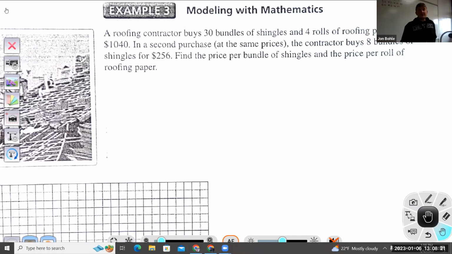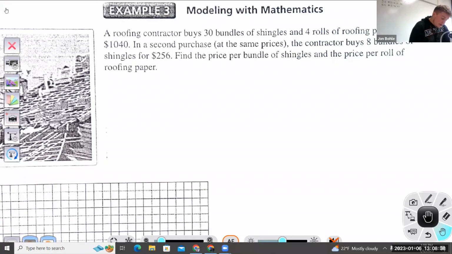In a second purchase, paying the same prices for each of those, the contractor buys 8 bundles of shingles and 1 roll of roofing paper for $256. We're going to find the price per bundle of shingles and the price per roll of roofing paper.